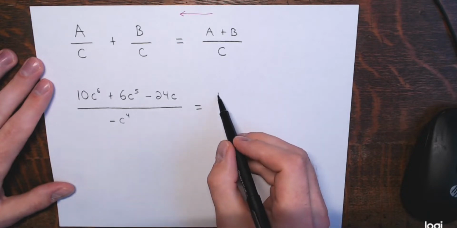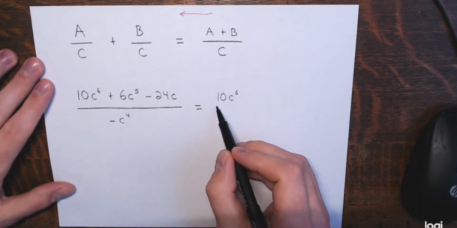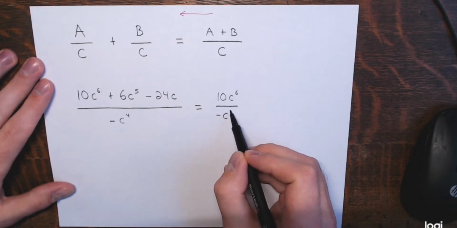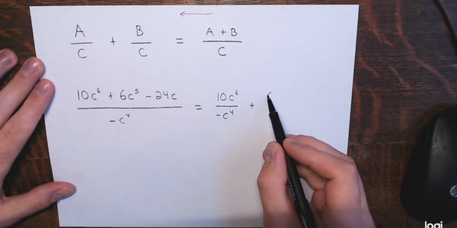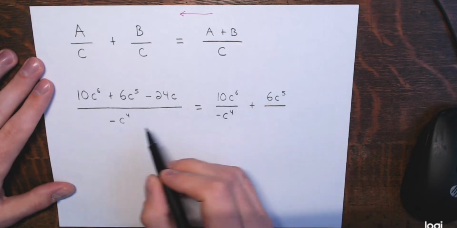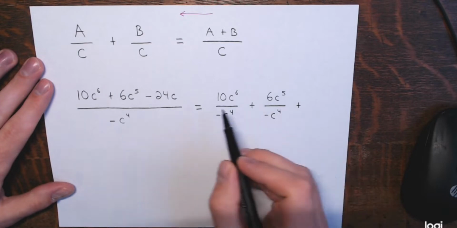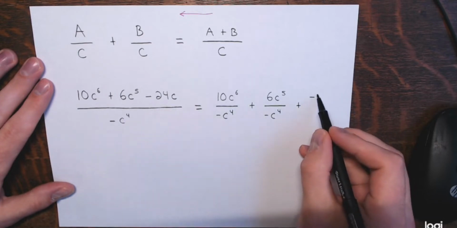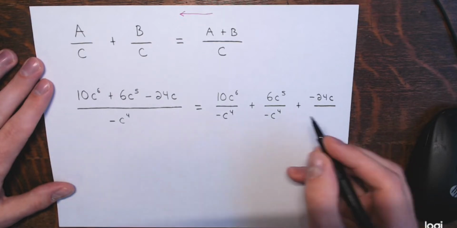So this is equivalent to 10c to the 6th divided by negative c to the 4th plus 6c to the fifth, the next term, divided by negative c to the fourth, plus, and then the final term in the numerator, negative 24c, divided by the monomial in the denominator, negative c to the fourth.